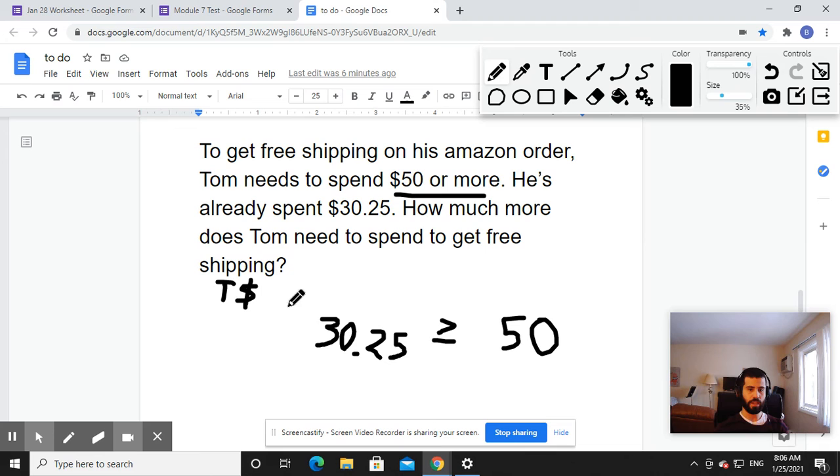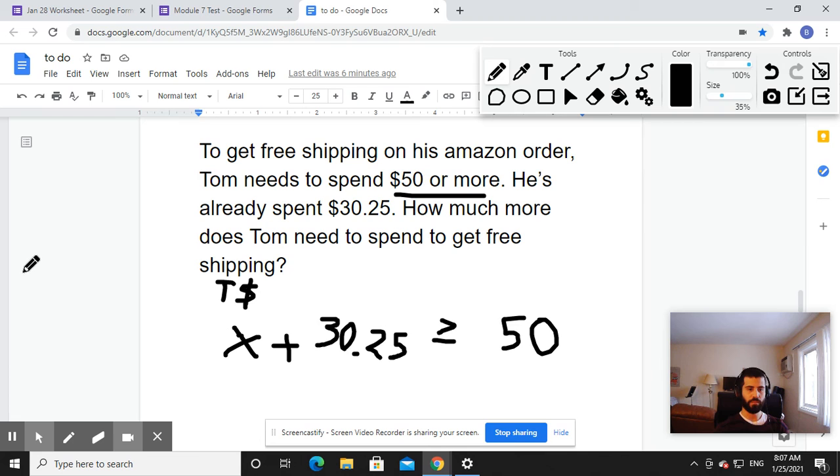And then let's say the x is how much more he spends. So that plus 30.25 needs to be at least 50. So that would be our inequality right there.